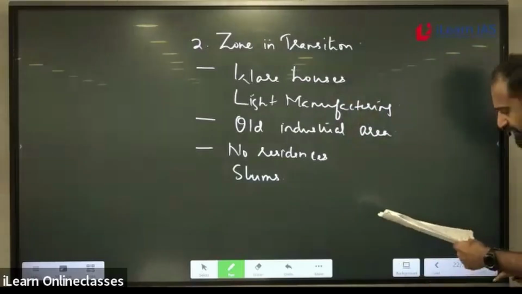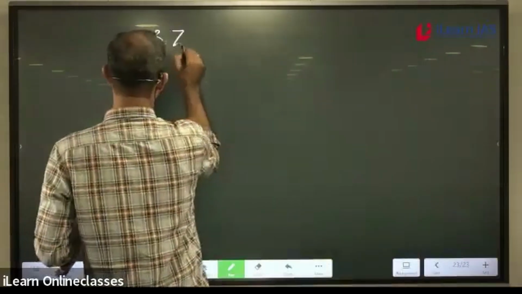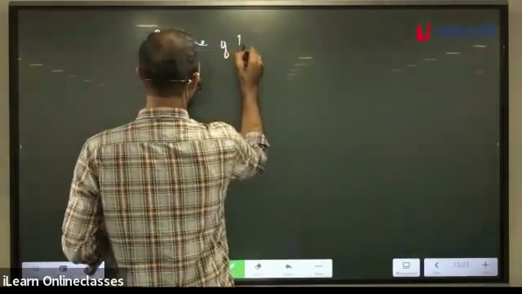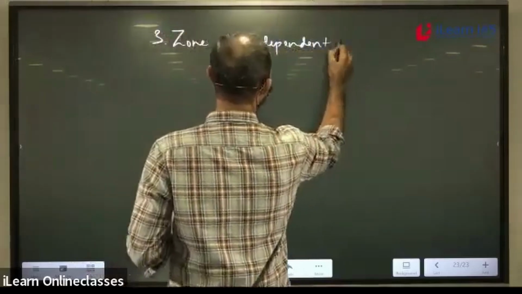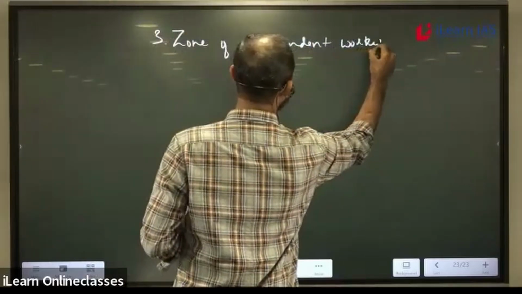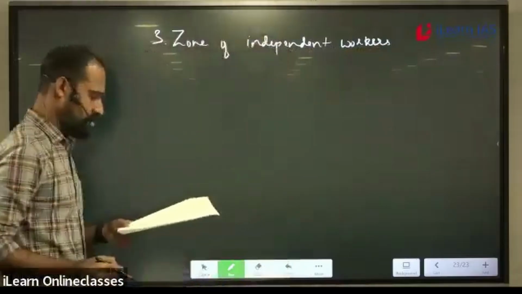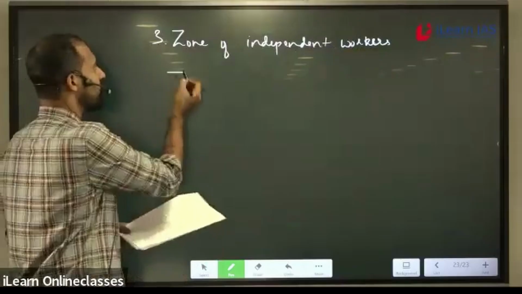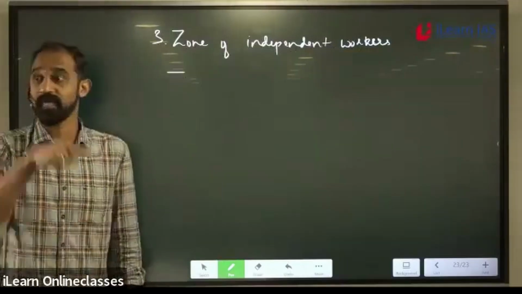So the next three are very, very easy. The next is the zone of independent workers. Okay, in this zone, primarily, this is a zone associated with people who are engaged in primary and secondary activities, working in 1 and 2.